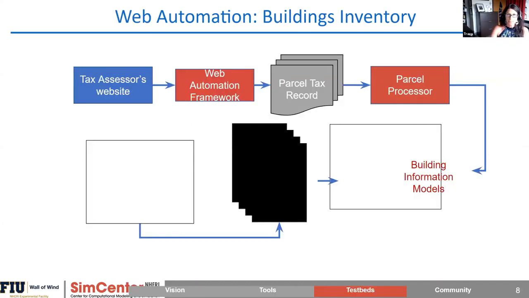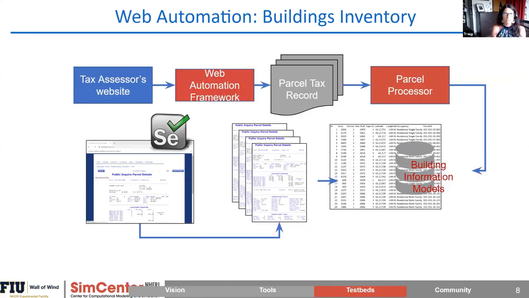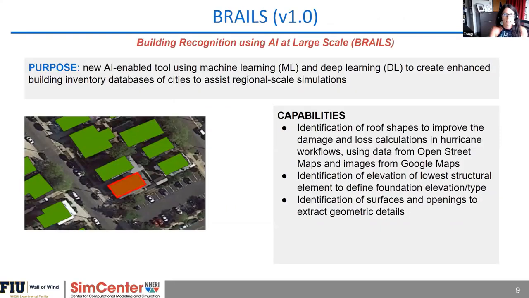And the way this is being done is the SimCenter has developed techniques to go into the tax records and extract and mine all the information needed to build up these giant inventories through a querying process. And then by bringing a tool called BRAILS into the workflow, we are able to take street view imagery and satellite imagery and use image processing to mine the characteristics of those images so we can classify roofs as hip or gable or flat.